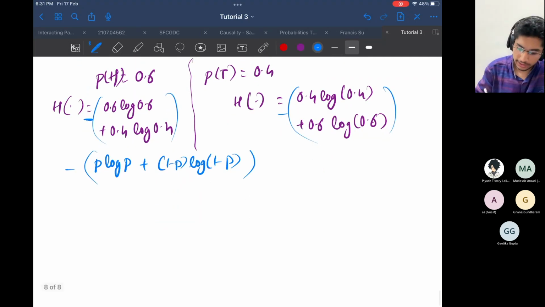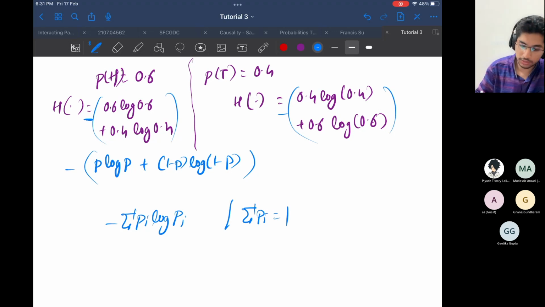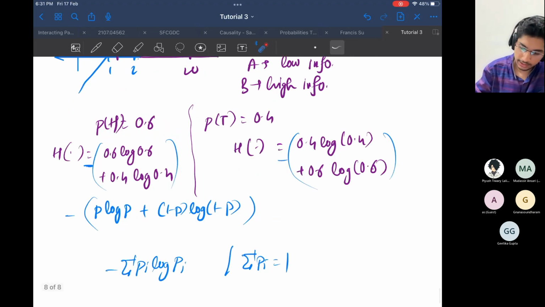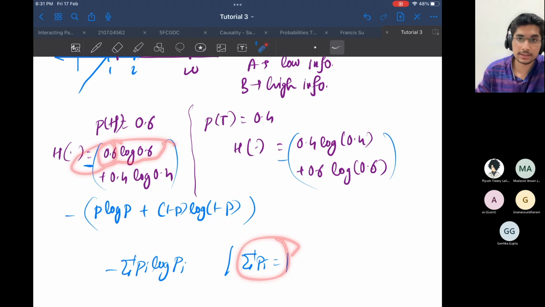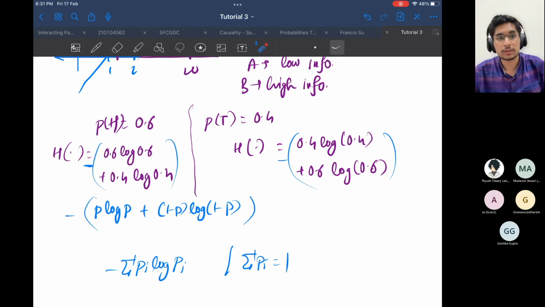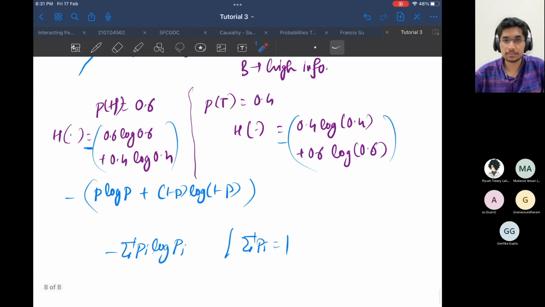Whenever you are calculating entropy, Pi log Pi, there is a condition that the summation of Pi should be equal to 1. In that case, just taking minus 0.6 log 0.6 won't suffice, because 0.6 is less than 1. Its sum is not equal. Is that clear?